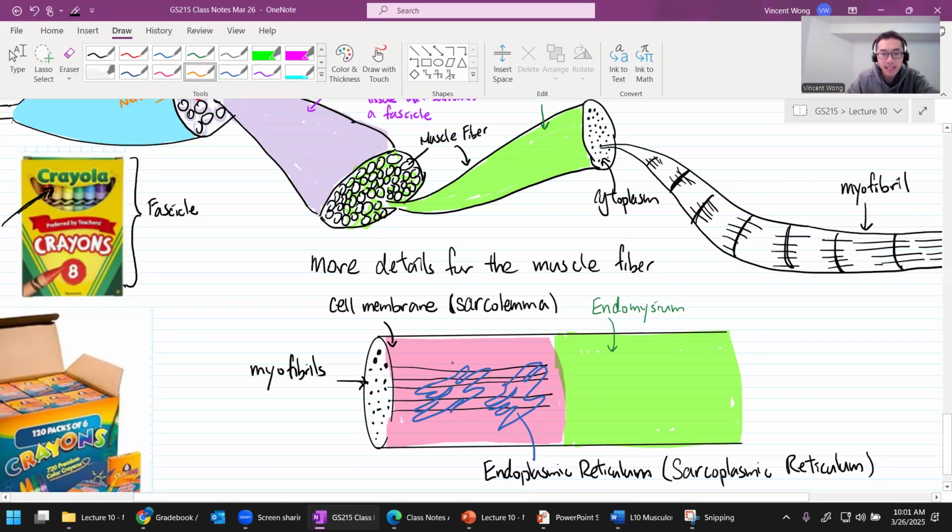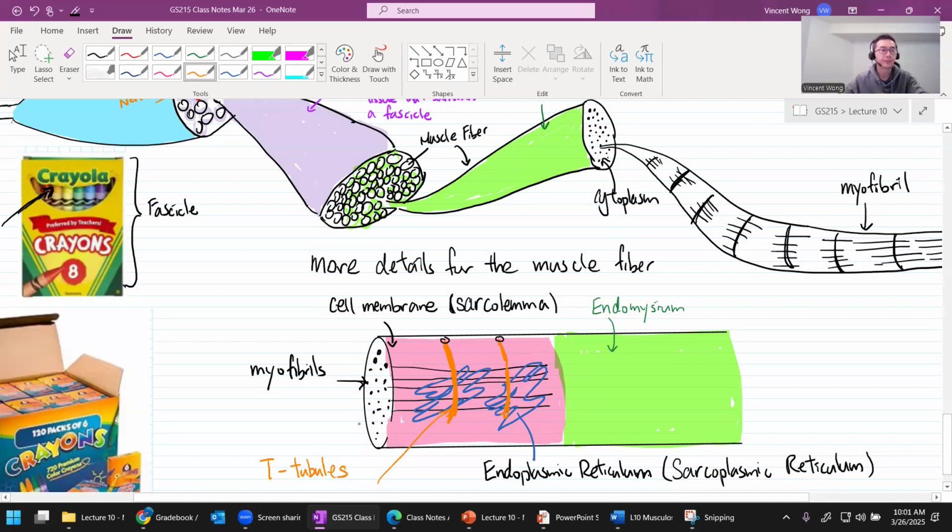And just one last thing: these sarcoplasmic reticulum are connected to special tubes that will go all the way to the surface of the cell. On the surface of the cell, there will be openings. I'll tell you what those openings are for later. These tubes are called T-tubules.